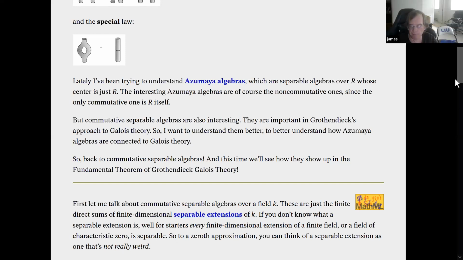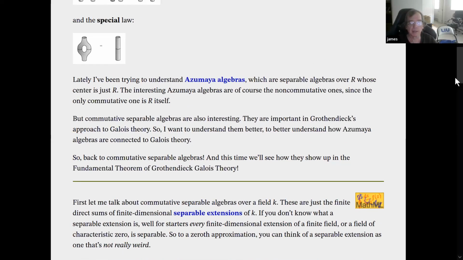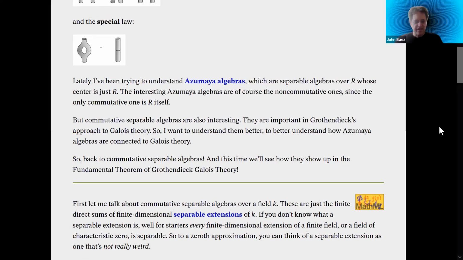Sorry, I'm not doing a great job of completely following it as you're talking, but it sounded like you were suggesting this is some partially consistent extension of the meaning of separable. Right. That probably helps explain where the word separable came from. I think that's where it came from.